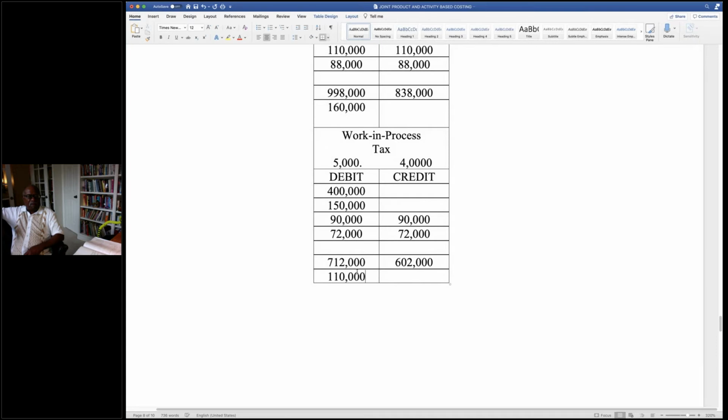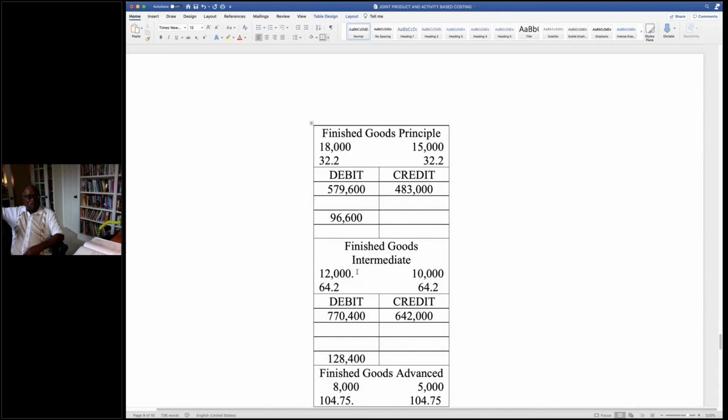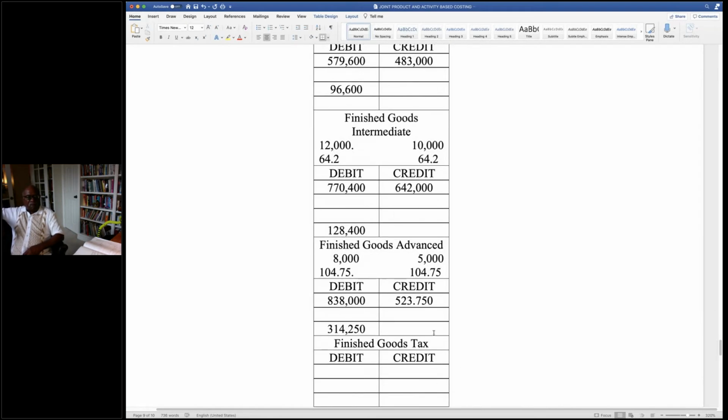And then a finished goods tax. 4,000 and 3,000 at the top. 150 on both sides. What was this number again? The debit is 602,000.